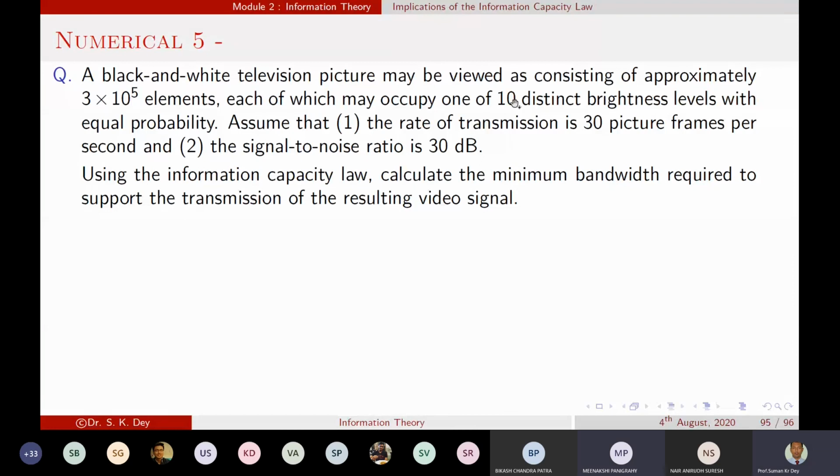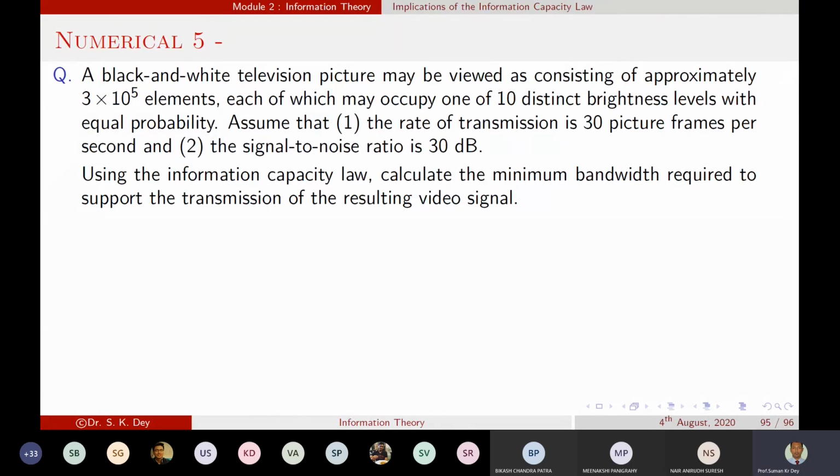Is that clear? So this is the number of bits required for a single element. Now, how many elements are there in a picture? 3 into 10 to the 5. So in a picture, how many bits are there? 3 into 10 to the 5 into log 2 10.